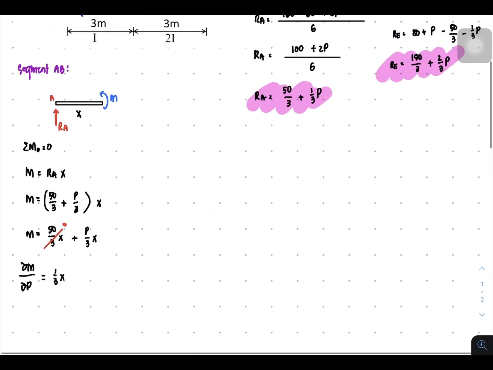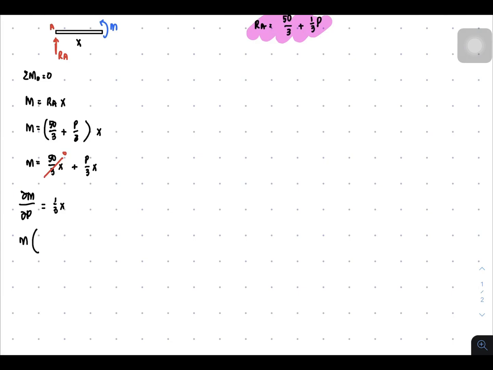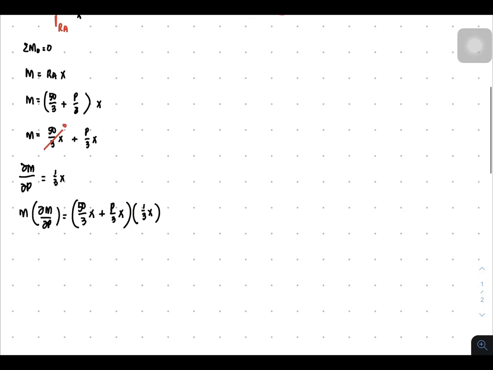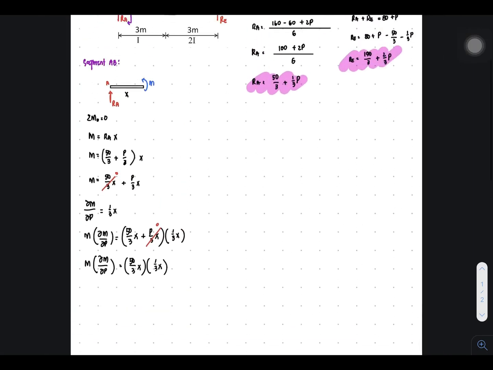Therefore, the product of the two terms is 50 over 3 x plus P over 3 x, multiplied by 1/3 x. To make it final, we permanently set P to 0. With that, the term would now be 50 over 3 x times 1/3 of x. This is for our segment AB.